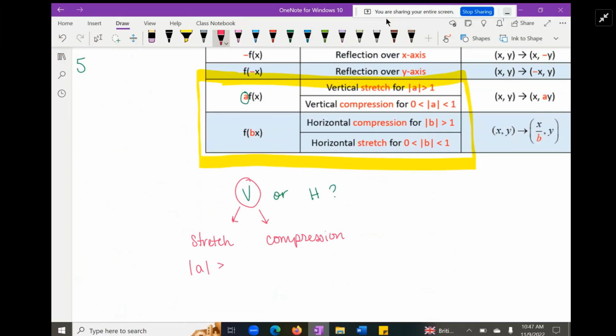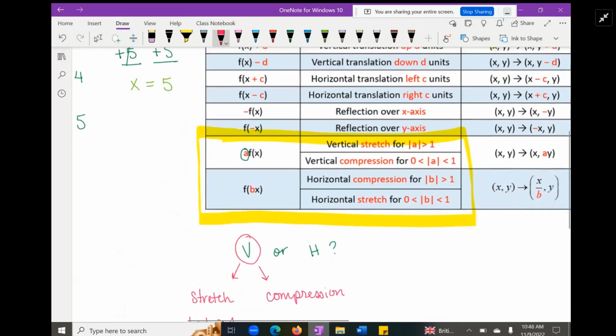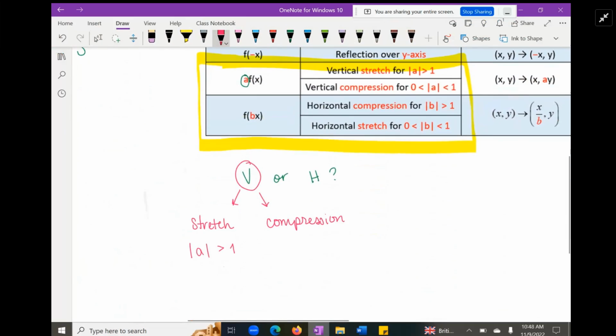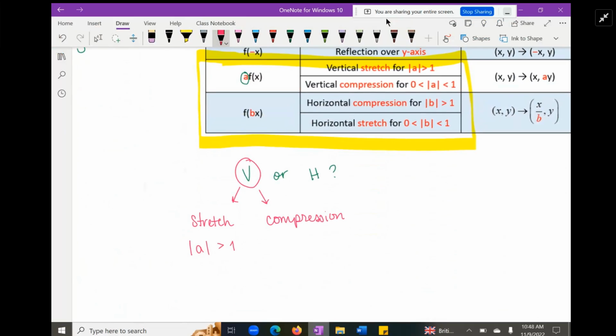If it's a large number, in this case, for it to be a stretch, a has to be greater than 1. Notice the absolute value bars. That means, you know, if you have a negative value, this still is representing greater than 1. So just the number itself, don't worry about the sign too much. The sign is more or less talking about reflection at that point, if we were to have a negative sign. Okay, so if it's larger than 1, the number, then we're going to call that a vertical stretch.